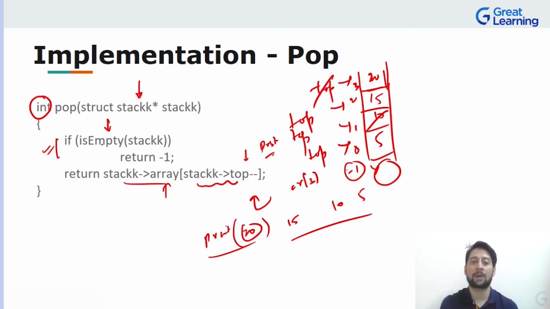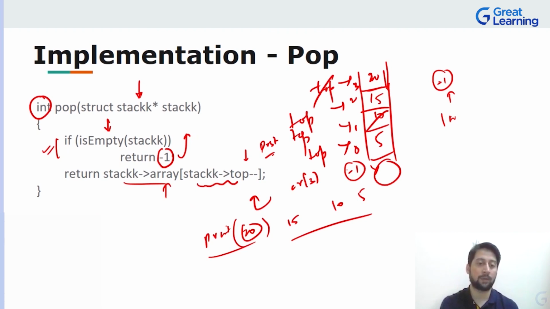Now this time around, we check if this stack is empty. Yes, it is. At that time we return -1, and then maybe in the main method, if we have returned -1, we can put a message that we cannot delete any elements, the stack is empty.